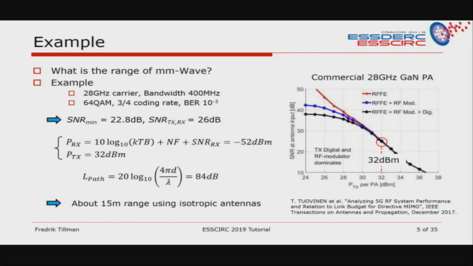If you calculate what this will bring in terms of distance, you realize that for an isotropic system, you will get something close to 15 meters if you just use ordinary power levels that we have in electronics today. The picture on the right-hand side is a commercial GaN PA from Qorvo, and everything is off the shelf here. But it will bring us a system that is not very deployable from a cellular perspective. So we have to do something about this.